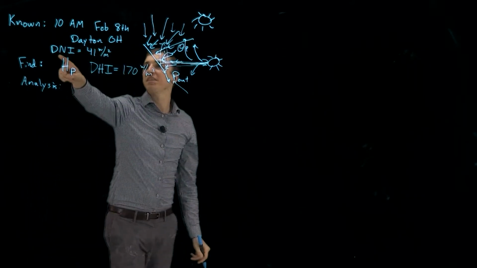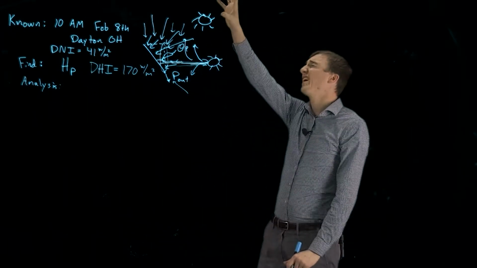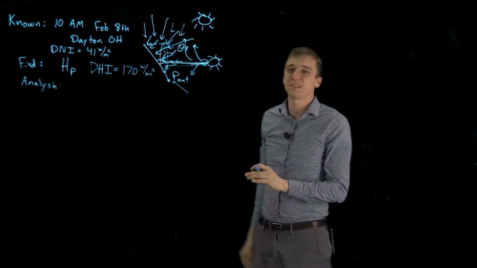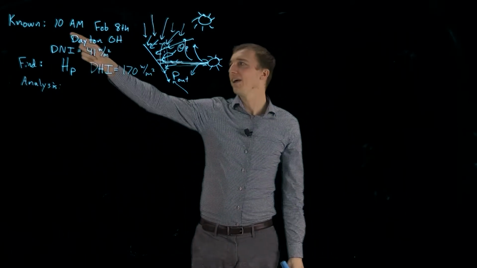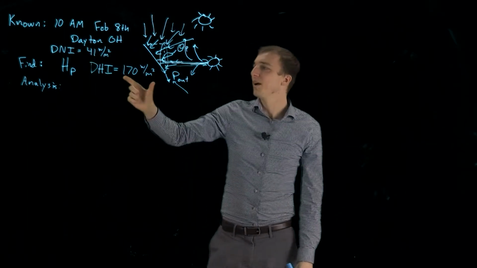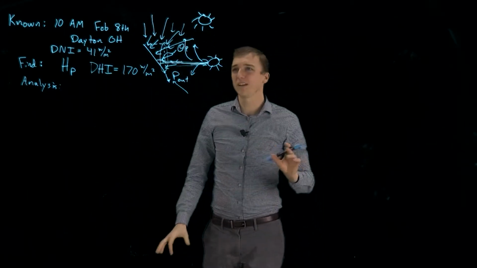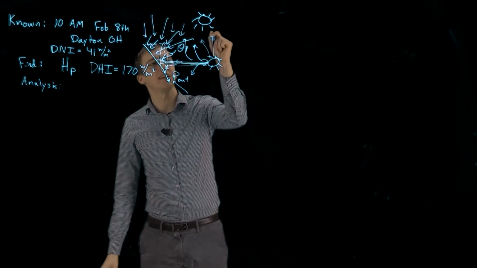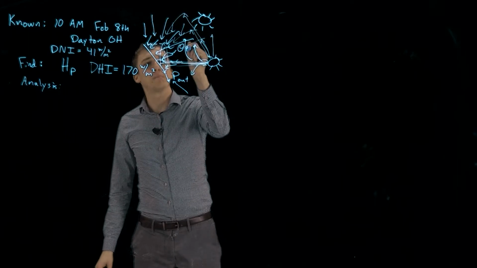So you see that the amount of heat coming directly from the sun, if you were to look right at the sun, is not very much because the sun is low in the sky and it's early in the morning. But the diffuse component from the entire atmosphere is quite large because the sun's light is hitting all these clouds and being reflected onto our panel.